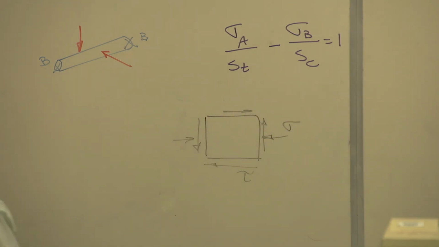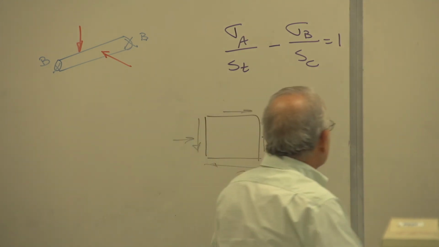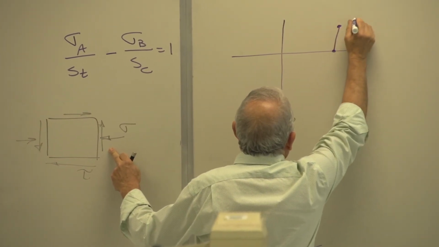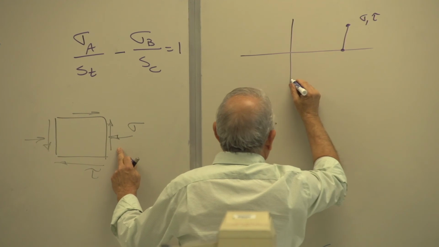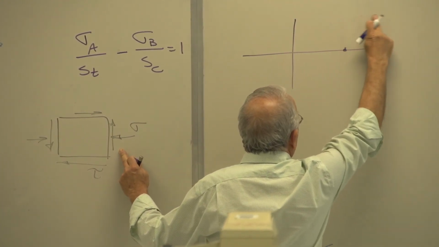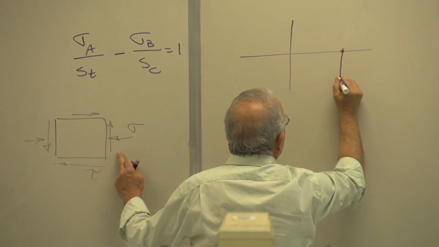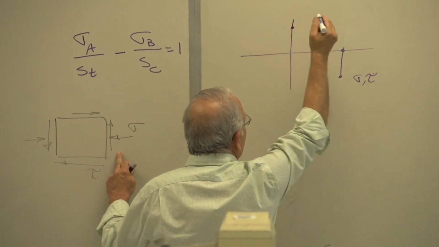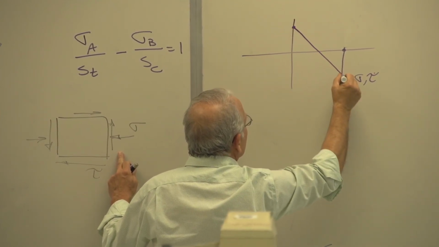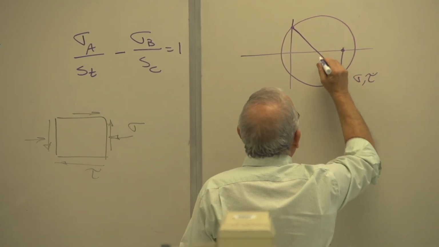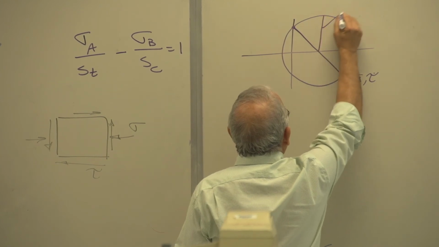And it will be this. If this is what I have, my Mohr circle looks like this. Sigma, tau. Actually, I've shown it as negative, so let me plot it as negative. And then 0 and tau. There's the Mohr circle. And there's your maximum shear stress.